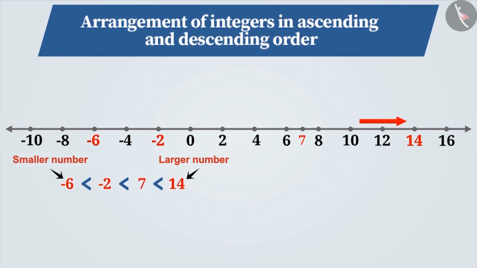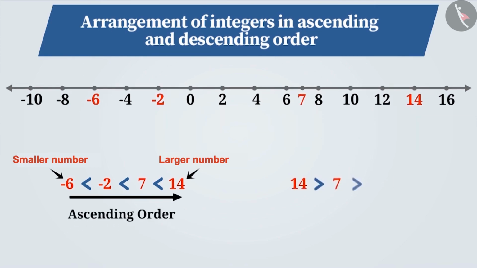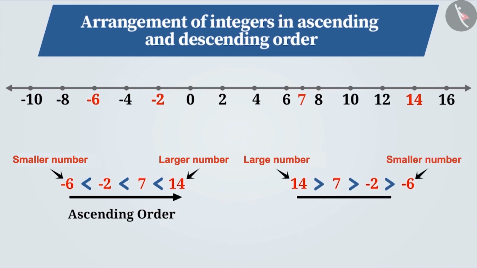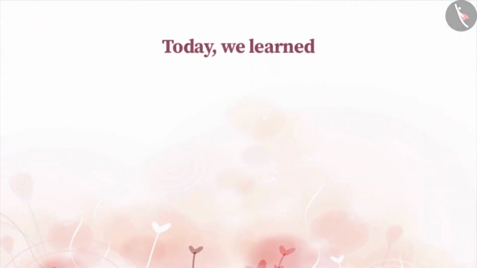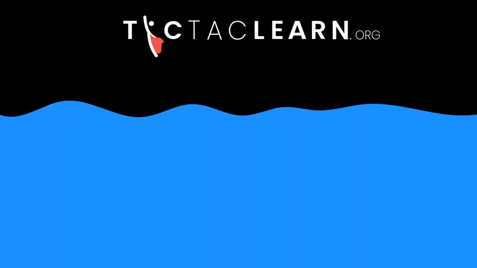The order obtained by arranging the numbers from small to large is called ascending order. If we reverse the order, that is, arrange the numbers from larger to smaller, then it is called descending order. So, today we have learned the concepts related to integers. In the next video, we will see some examples for the same.